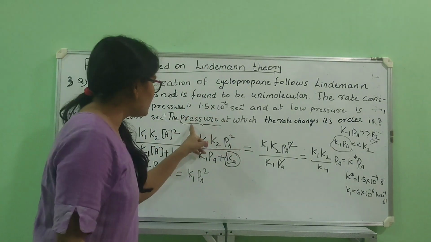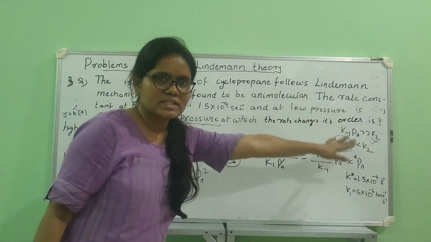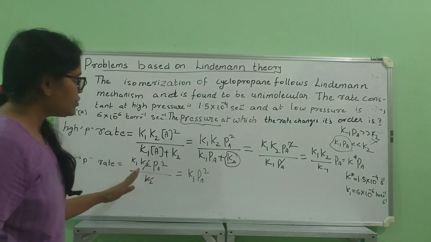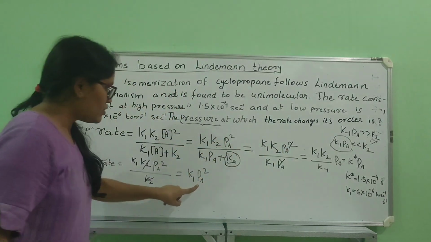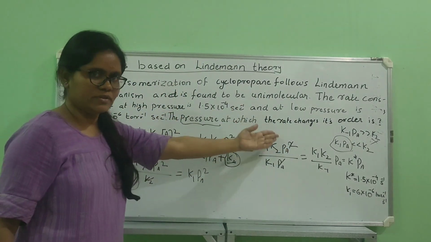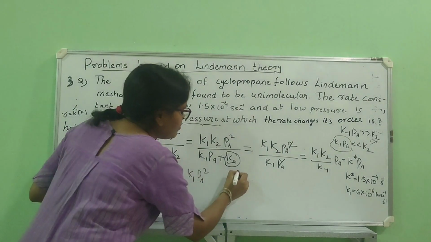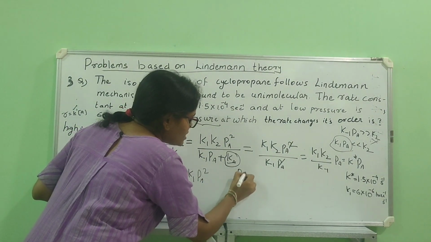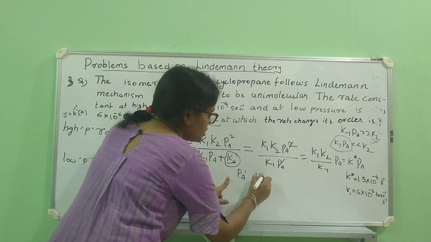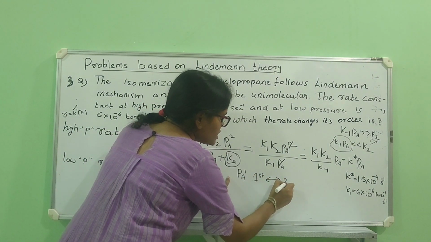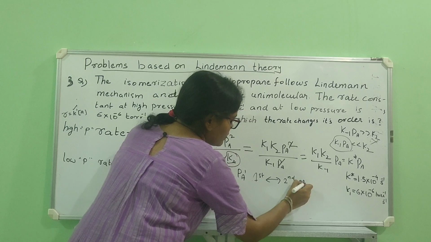So now you are asked to find the pressure at which rate changes its order. That means you need to find the pressure at which rate becomes first order to second order, or second order to first order. So let PA dash be the pressure at which first order transitions to second order.